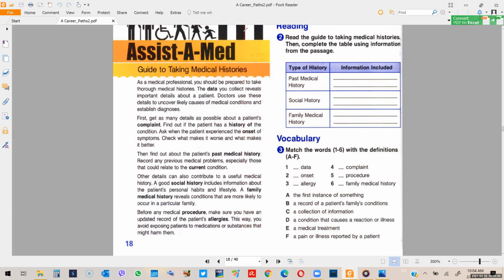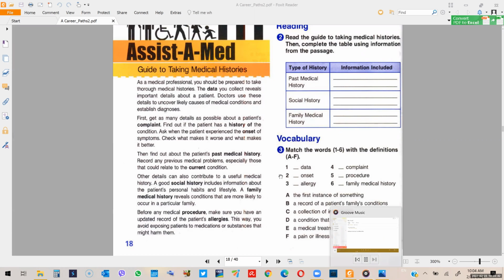We are going to listen twice, and we are going to look at some of the expressions like data, complaint, history of onset, past medical history, current social history, family medical history, procedure, and allergies. These are the expressions we are going to face, and we are going to deal with this, inshallah, this class. Listen, please, and then after that, we are going to answer the questions.